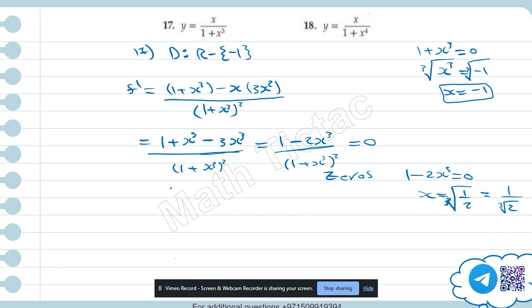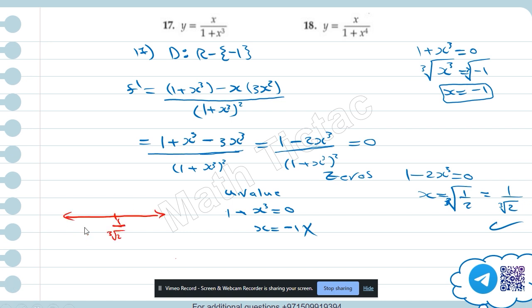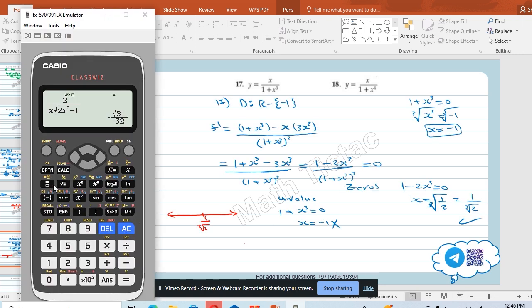Let's just find 1 over the cubic root of 2. This is 0.79, which is almost 0.8.